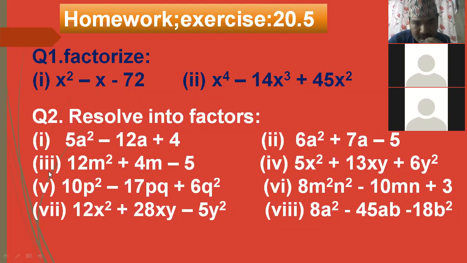Now I am asking question number 3 to Sujin. How to get this middle term 4 here in question number 3? Sujin, tell the answer to my question. By subtracting. What will you subtract? Tell, please.